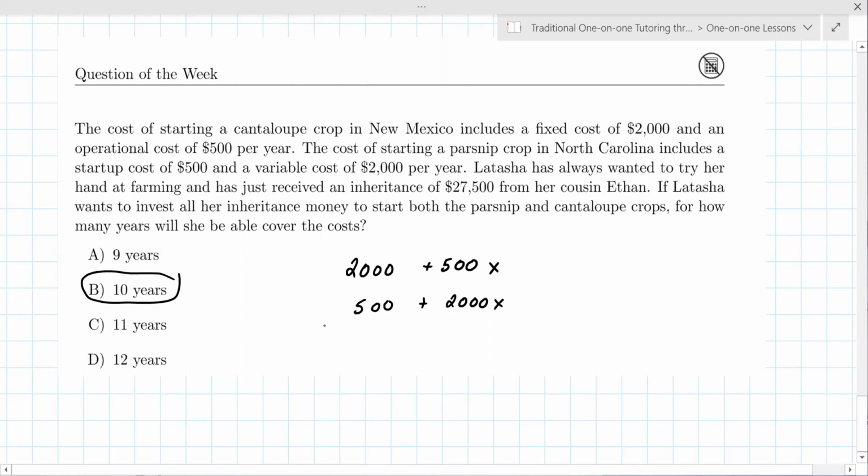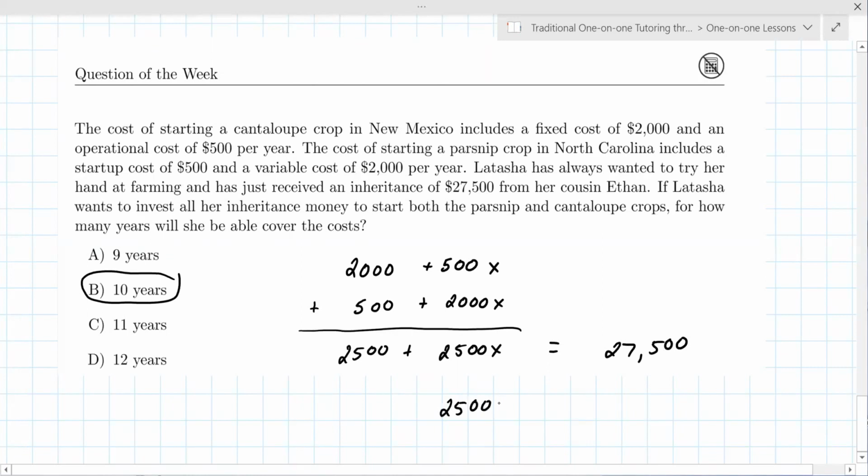Since they want to operate both crops, we add these together: 2,500 plus 2,500x. And they have $27,500 to do so. So when you subtract the 2,500 from both sides, you get 2,500x equals 25,000. Divide by 2,500 and you get x equals 10 years.